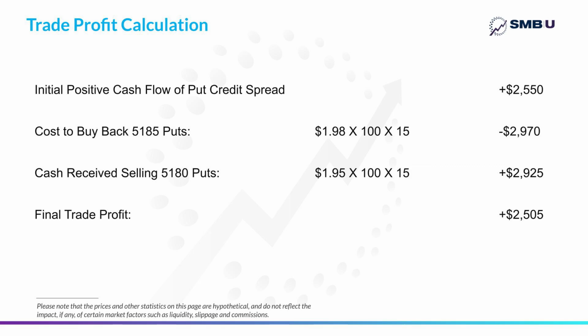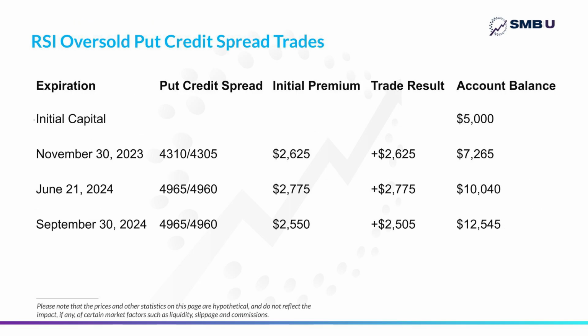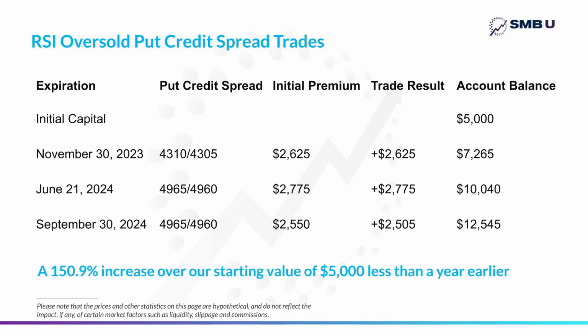And so wrapping up our tally for the year, you can see for the three trades combined, we end up with a final account value of $12,545, a 150.9% return on our initial $5,000 in capital, much more than doubling the account in a year.